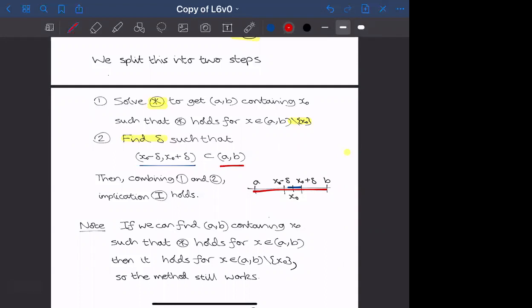So we only need star to hold for x in AB with x0 removed. But if we can prove it for all x in AB, then great. So the method still works. And this will be true in our example, actually.